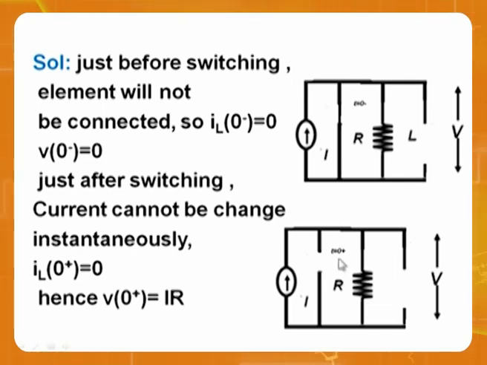Now look at here. The switch is open. It is supplying current to the inductor. Then what happens to the inductor? We already said an inductor cannot change its current instantaneously. Therefore, this current is the same as this.